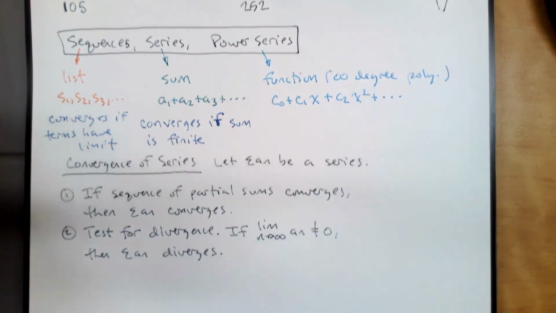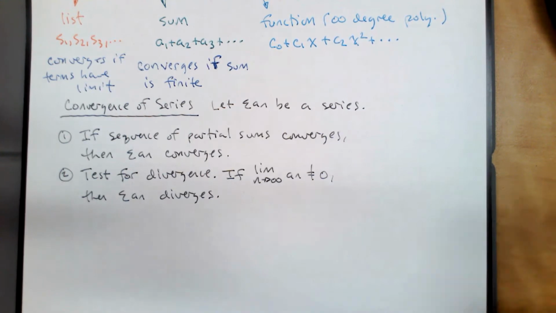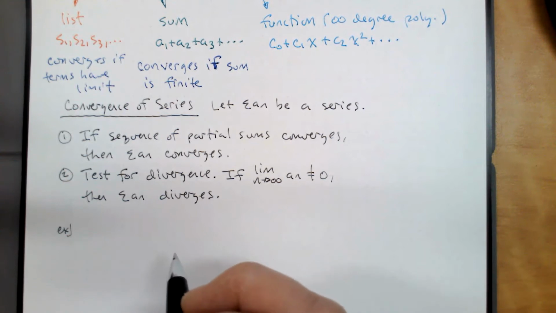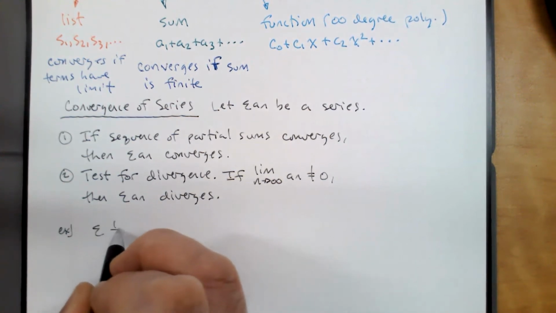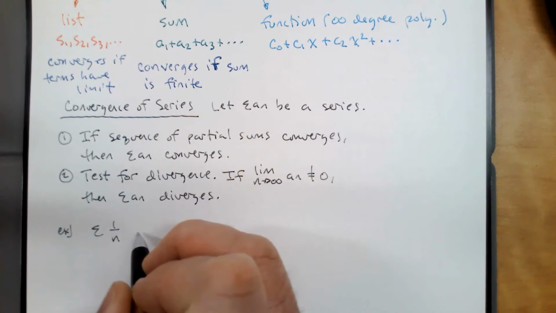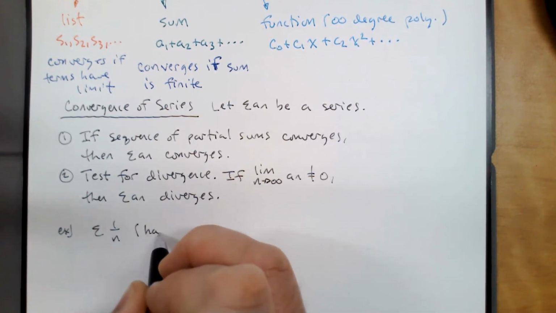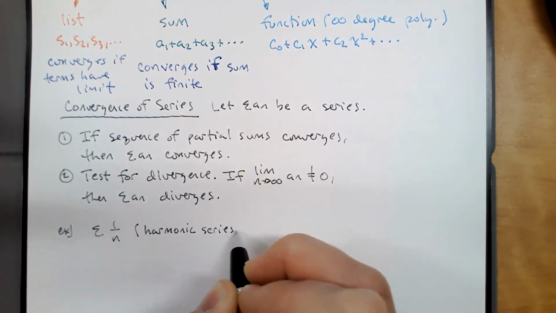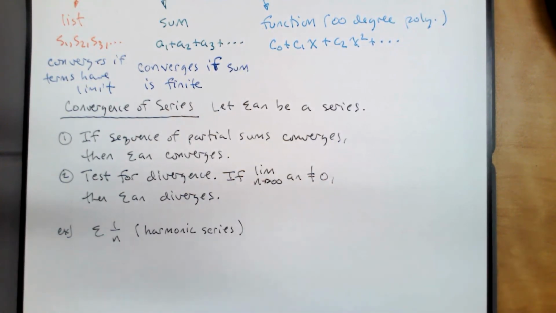Then yesterday, we had a few examples. We had the series 1 over n, called the harmonic series. This is our first example of a series where the limit of the terms is 0, but the series diverges.